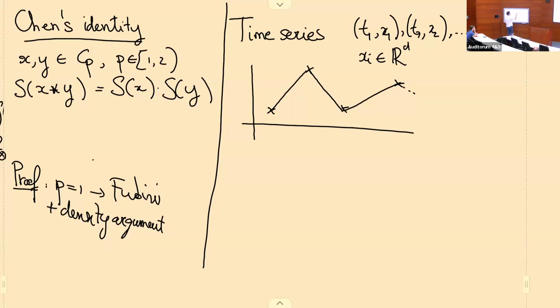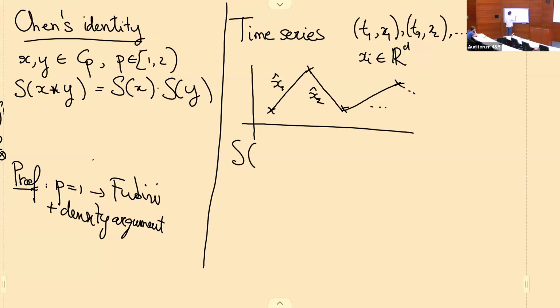Okay, and then you consider, let me call x hat 1 the linear path that connects the first two observations, x hat 2 the linear path that connects the second and third observations, and so on. Okay, and let's suppose that we want to compute the signature of this linearly interpolated time series. Well, we can combine Chen's identity with the previous statement in this way.